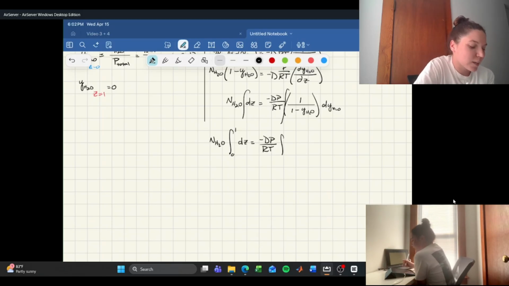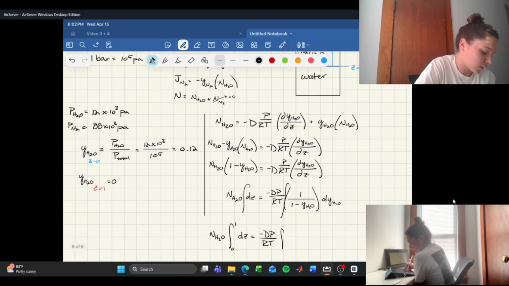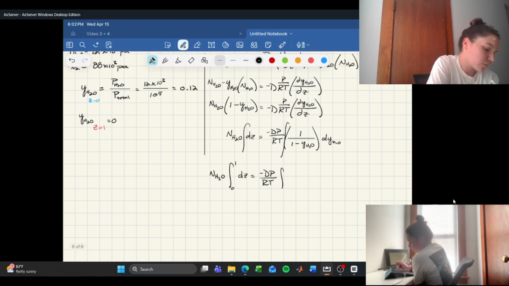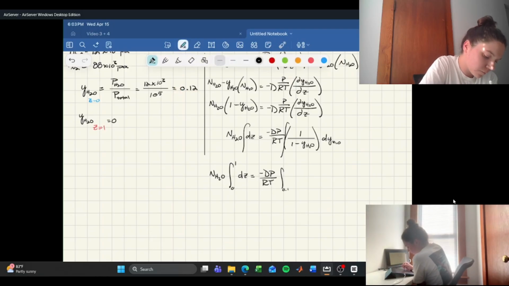We're going to integrate this from, we said at the interface that the mole fraction was 0.12, and then at the surface it was 0, and again this will all stay the same.